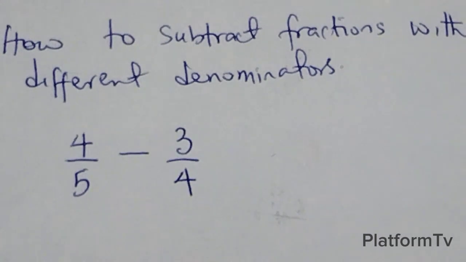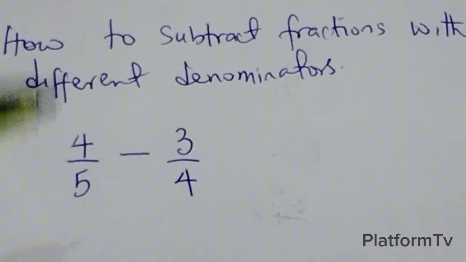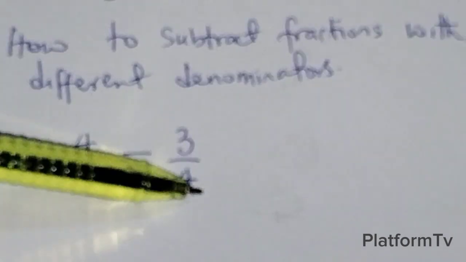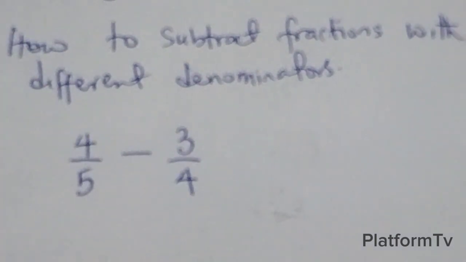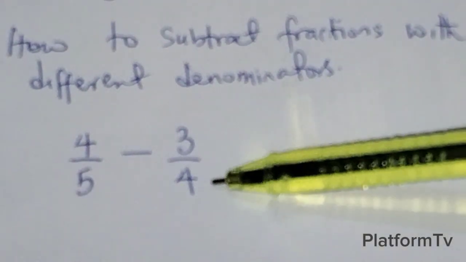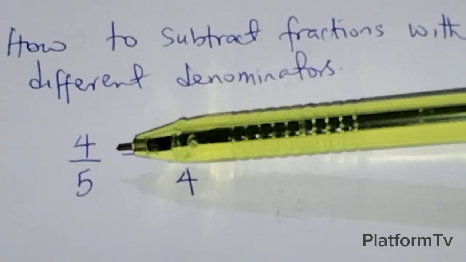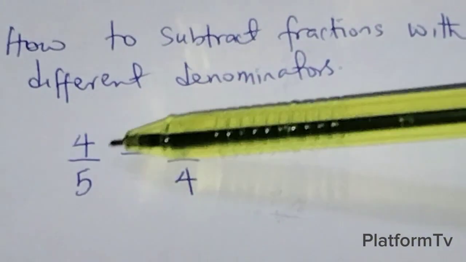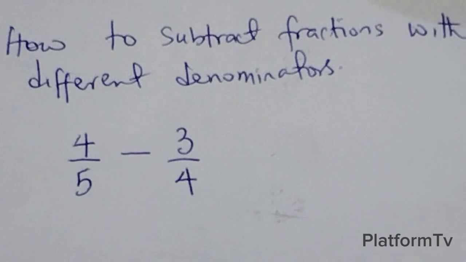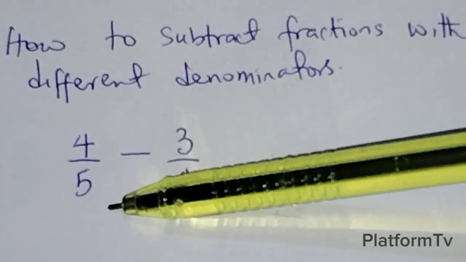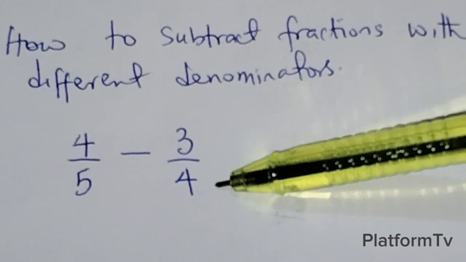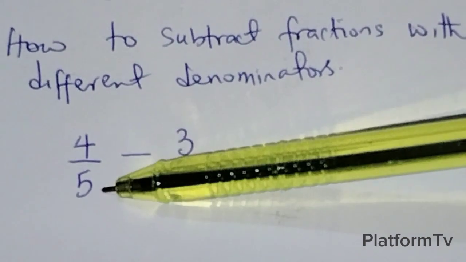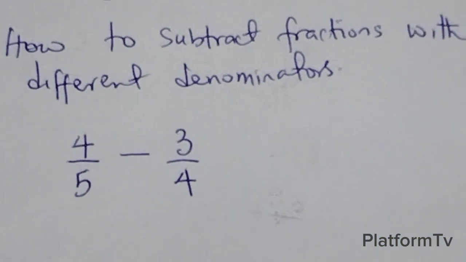In multiplying with the common denominator, 5 will multiply everything on the right hand side, 3 and 4, and 4 will multiply everything on the left hand side, 4 and 5.